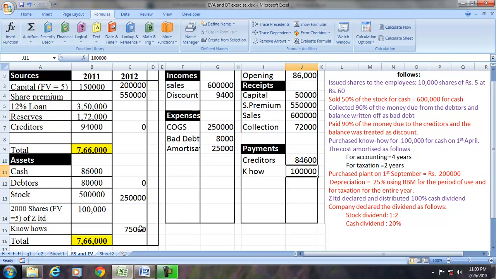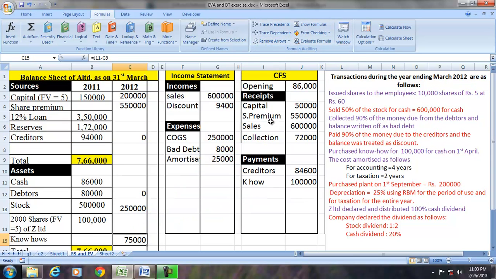Payment is 100,000, the expense is 25,000, asset is 75,000, so benefit expired is 25,000 and unexpired benefit is 75,000. For taxation, 2 years, so this we will see when we prepare the tax statement.